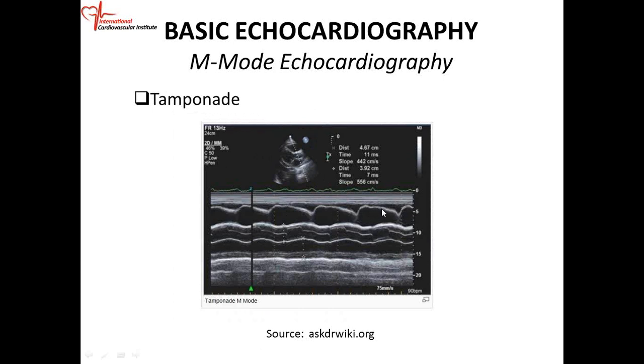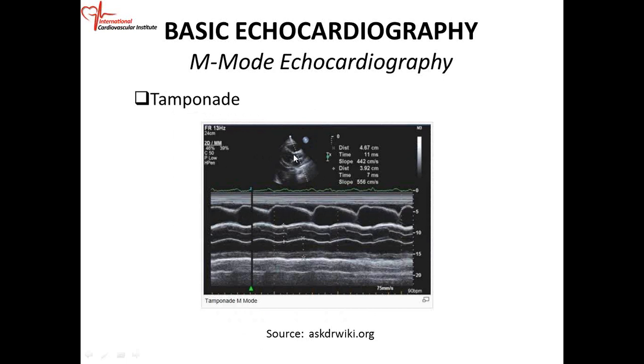The first thing you encounter is your pericardium right here. Then there's fluid in the pericardium. This is actually the RV wall, and then this is the RV cavity right there.